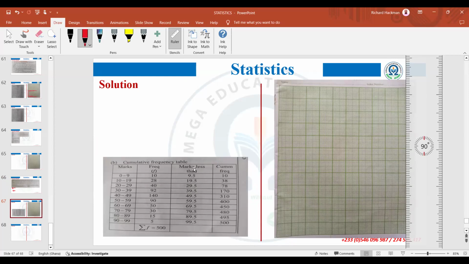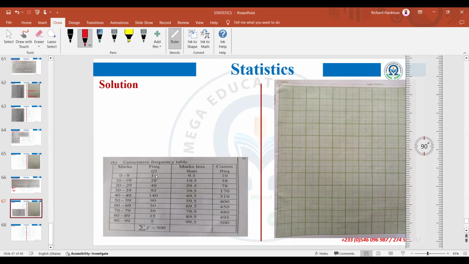So if we are dealing with max, it will be max less than. If we are dealing with age, it will be age less than. Age less than what? And you can see that it will be the upper limit all along. So 9.5, 19.5, what have you? That's what you have here. Then the next column automatically becomes your cumulative frequency.